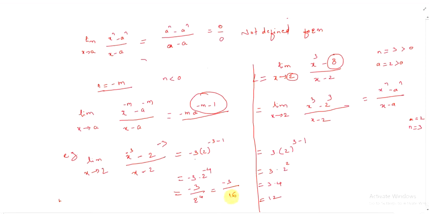So these are the results if the power is negative and positive. We can use the result: the limit x tends to a of x raised to n minus a raised to n upon x minus a is equal to n into a raised to n minus 1, whether n is greater than 0 or less than 0. And if n is in rational form, that is p by q, where q is not equal to 0, then how can we use this result?